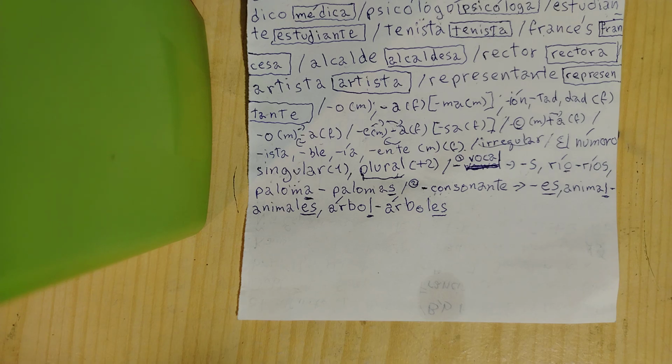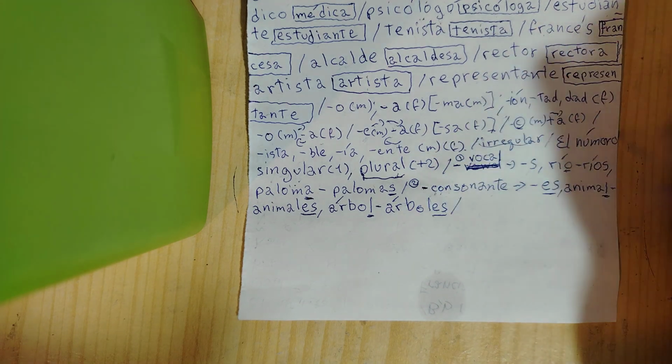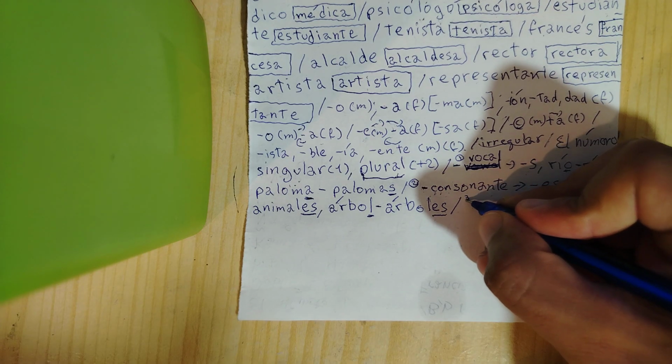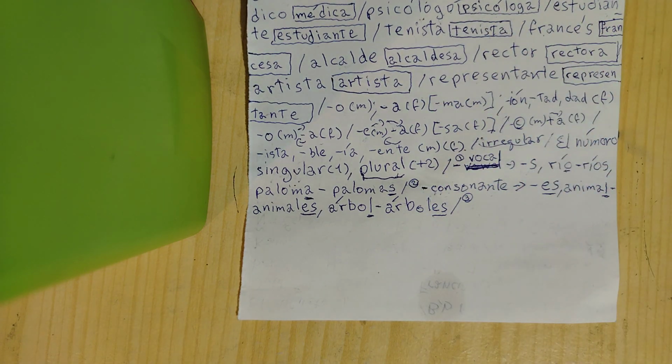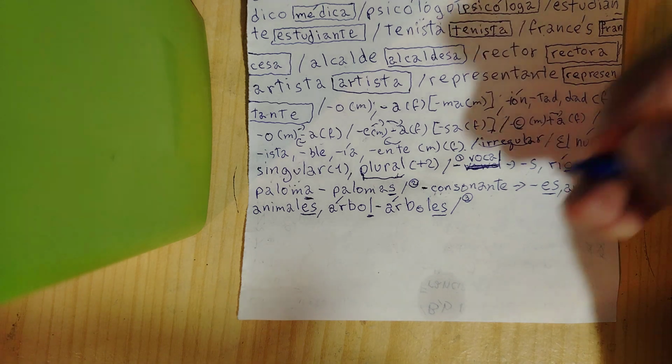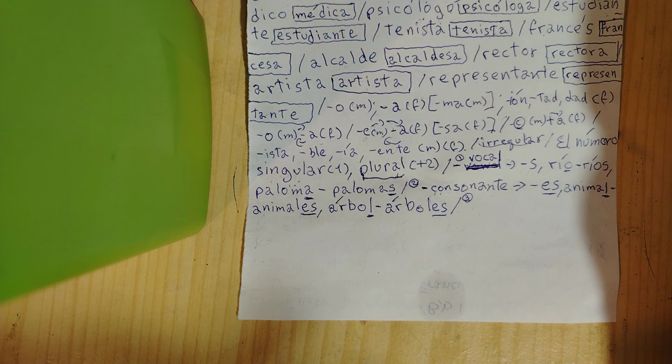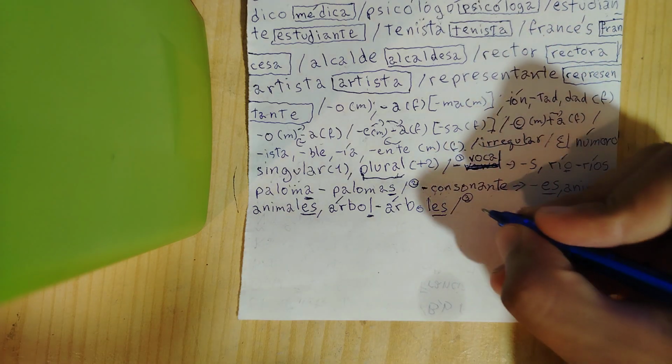Now we are going to go to the third rule. That was the second, now the third rule. We have some rules to learn, so let's go with the third one. Words that end with z.